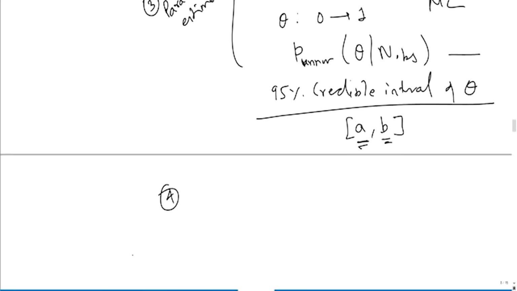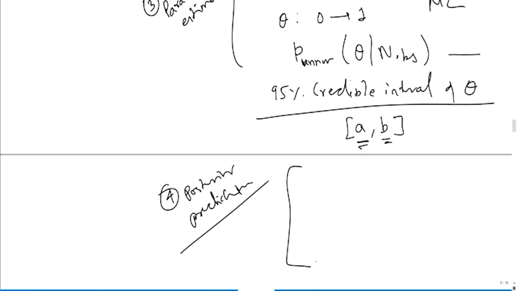After parameter estimation, now you can generate posterior predictions from the model. How do we generate posterior predictions? We sample a value of the parameter from its posterior distribution, the posterior distribution that you have estimated.